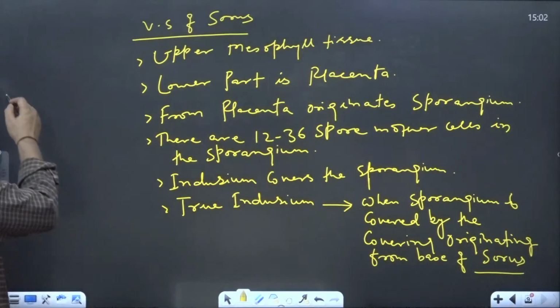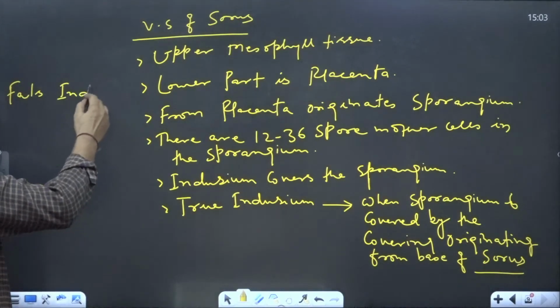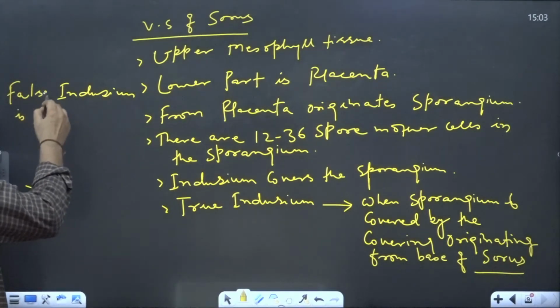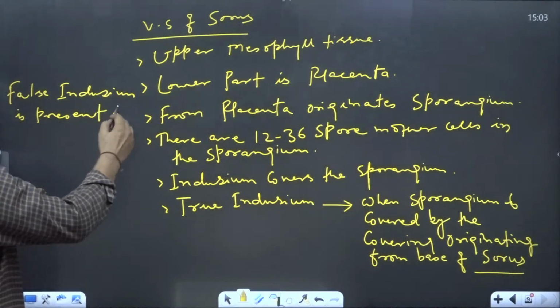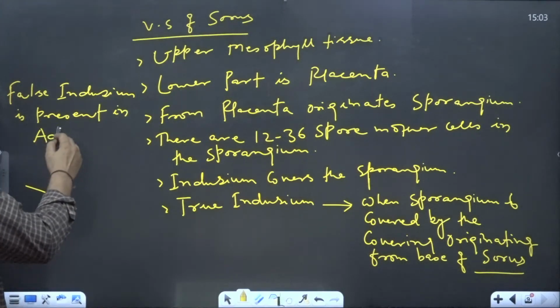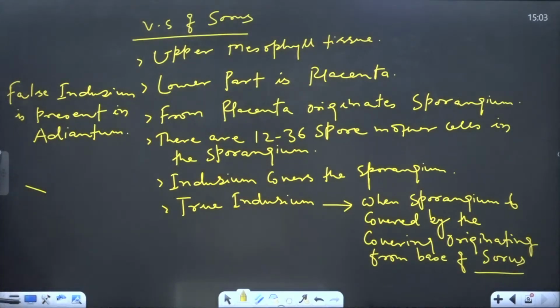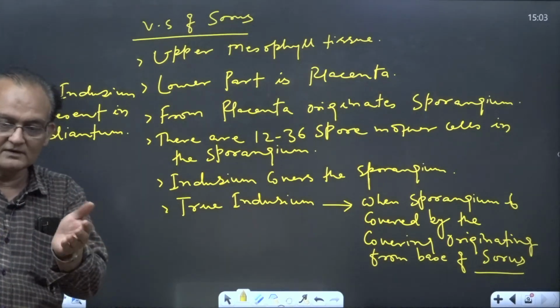There is a false indusium present in Adiantum. Here what happens is that the leaf margin covers the sporangium. If the margin folds and covers the sporangium, then it is called false.